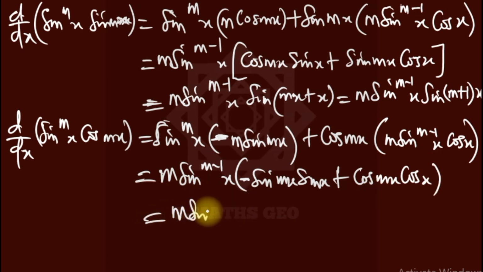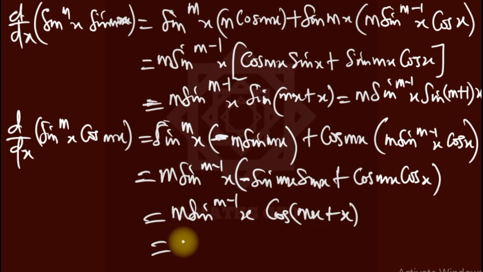And what do you notice from our addition formula for cosine? Cos mx cos x minus sine mx sine x is cos of (mx plus x), which is equal to m sine x raised to power m minus 1 times cos (m plus 1)x.